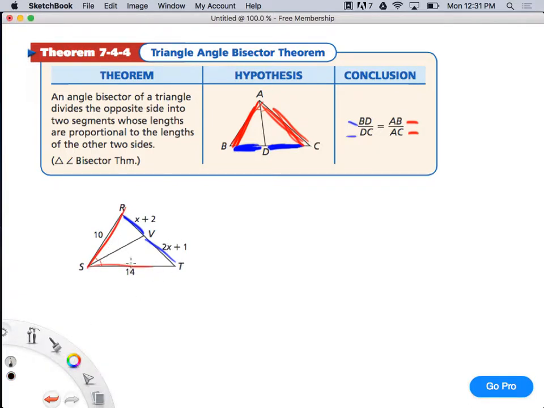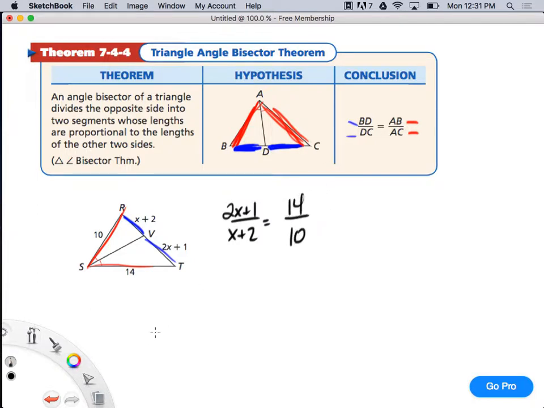So it would end up being blue over blue, so 2x plus 1 over x plus 2 equals red over red. Which one do I put on top? If I put 2x plus 1 on top, which one do I put on top, 14 or 10? 14. Bottom over top equals bottom over top. 14 over 10.